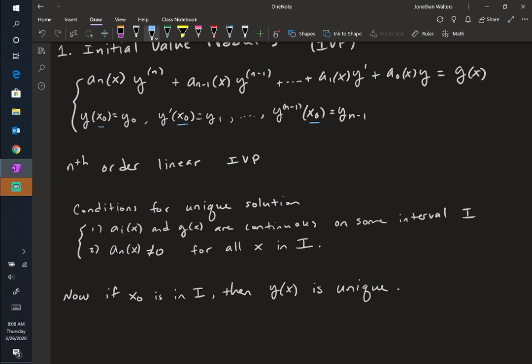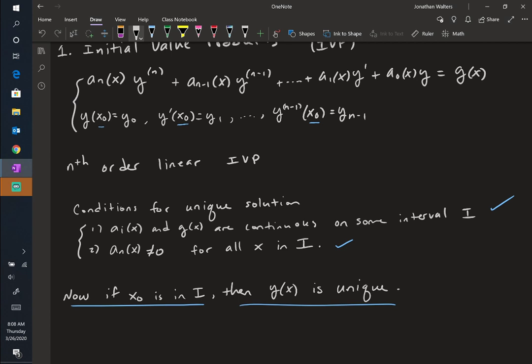That's how we know we have a unique solution. Basically, we need these two conditions to be satisfied. Then we can say that we have a unique solution if our initial x0 is in the interval I, where our functions are continuous.